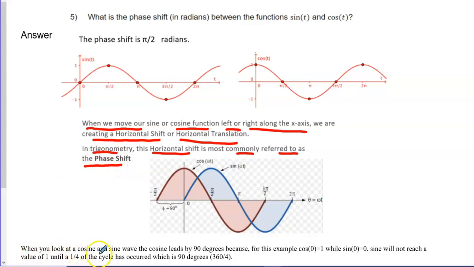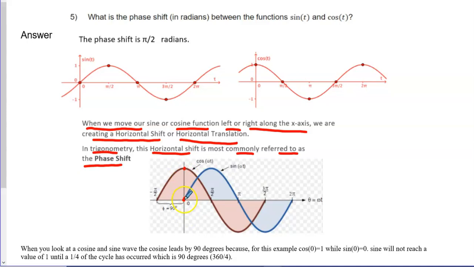If you look at the cosine and sine wave, the cosine leads the sine by pi on 2 radians. For example, the cosine of 0 is 1, while sine of 0 is 0.